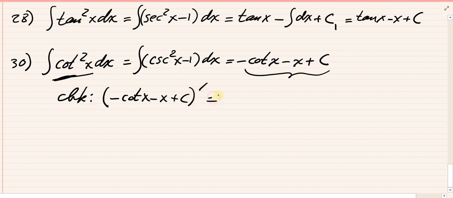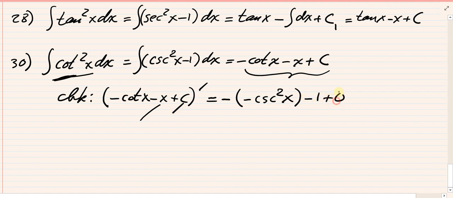Derivative of a difference is the difference of derivatives. Derivative of cotan x is negative cosecant squared x, and derivative of negative x is negative 1.